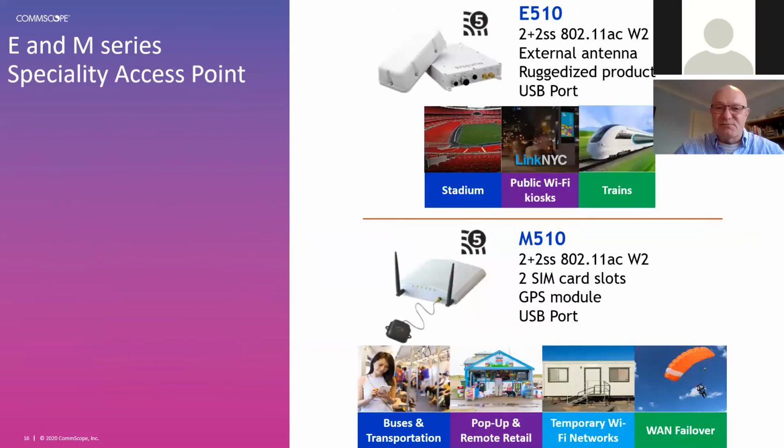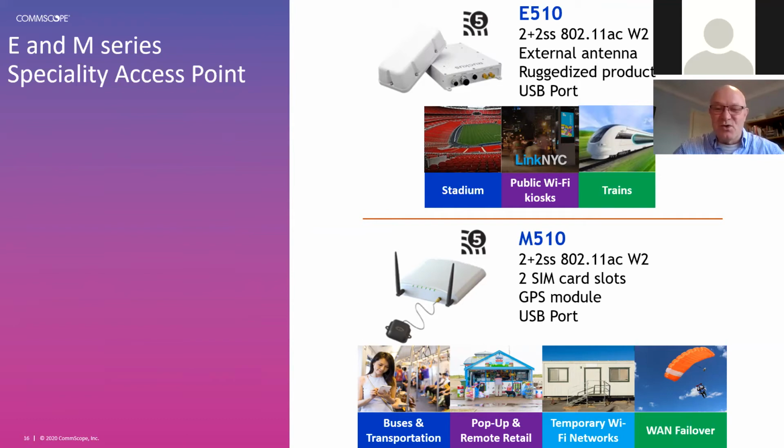And then finally, the specialty ones. You might have come across the E510, an embedded access point for putting inside public Wi-Fi kiosks, trains, stadiums, those kinds of environments. You've got an AP unit, also with a matched antenna that goes with it to allow you to still do the BeamFlex capability. So there's a pair of items that work together there.